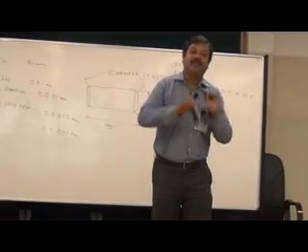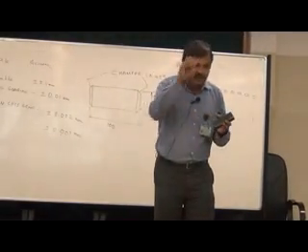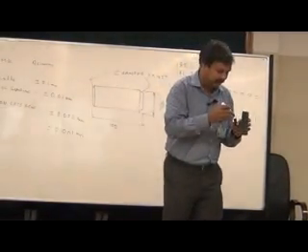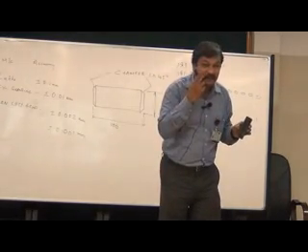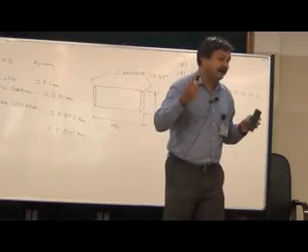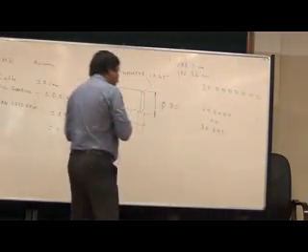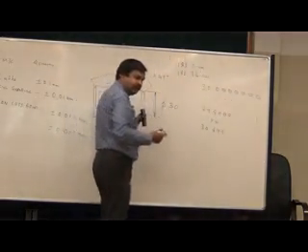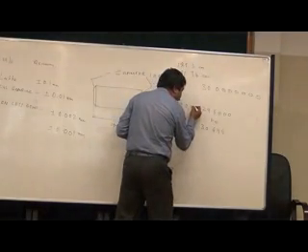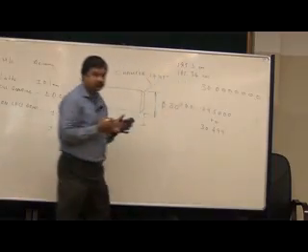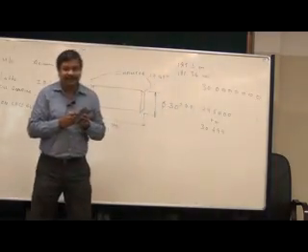So, it is not good enough if you just specify the dimension, you must also specify the tolerance band in your drawing. It is not good enough to just say 30 mm, I should say 30 plus or minus 0.01. What is the meaning of this?